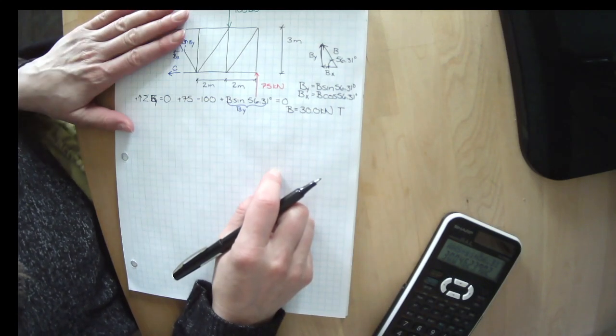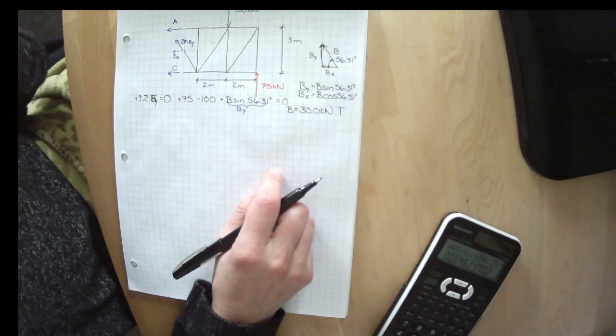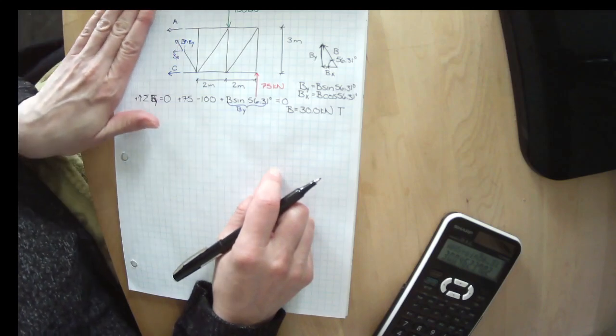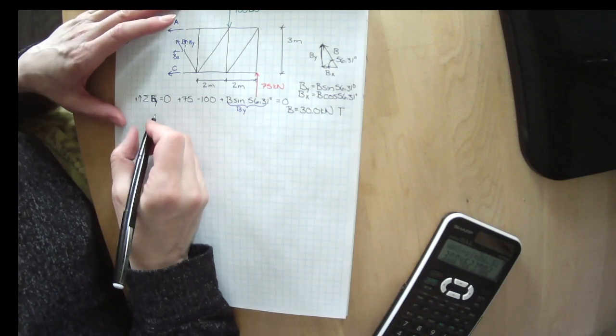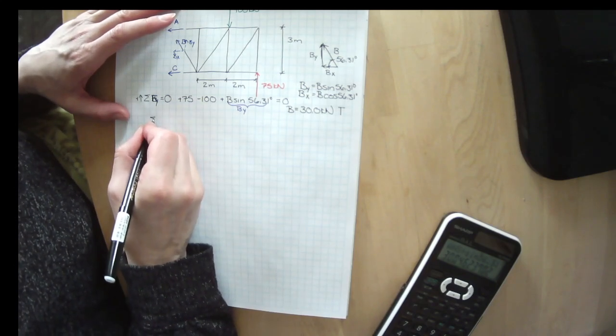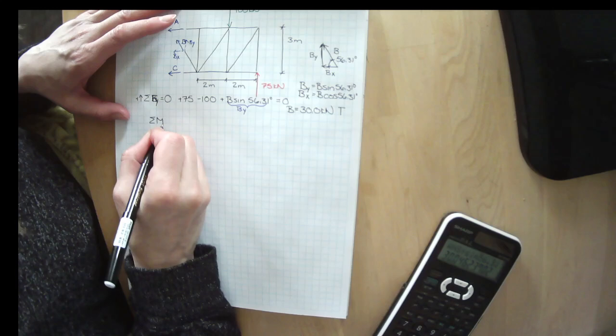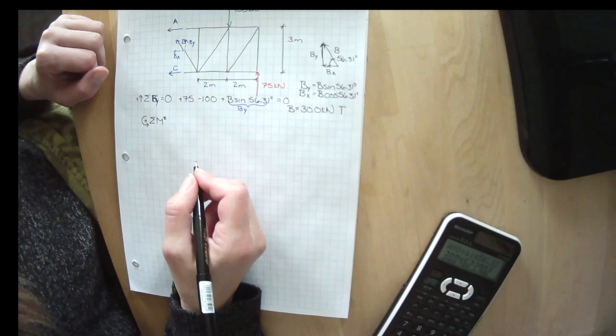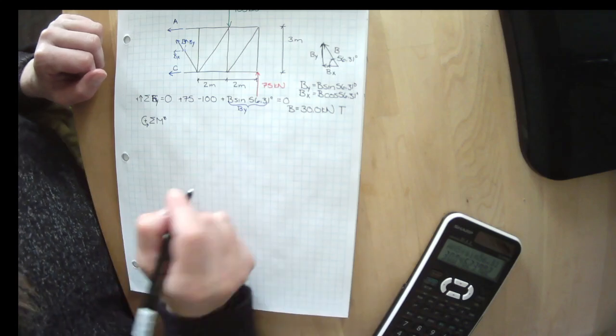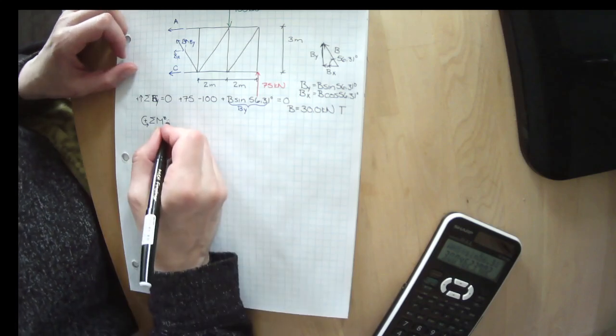So we have the exact same B value that we calculated by cutting and keeping the other section. Let's keep going with this and see if we get the other numbers the same. Let's sum the moments about the z-axis. And I am going to do another lazy thing here.